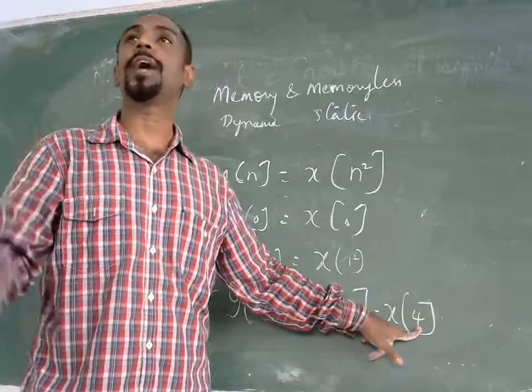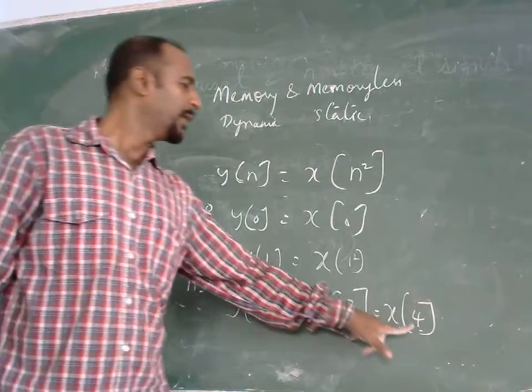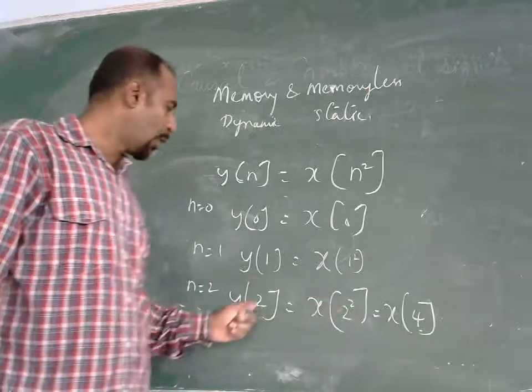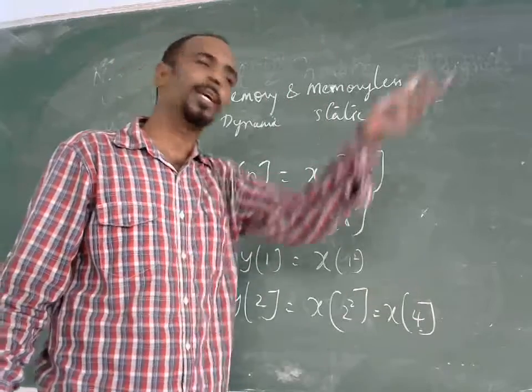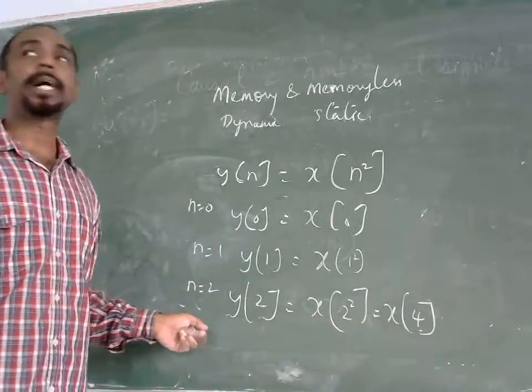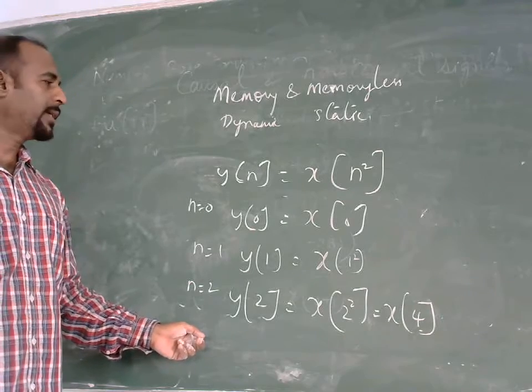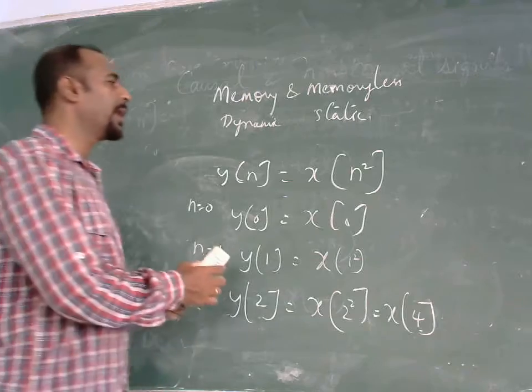So that means we are talking of a future value, not the present value. The present value of n is 2. Here, the output is depending upon the future value of the input. It is already predicting, which is not possible. So therefore, this is a dynamic system. Alright. So we call this a dynamic system.